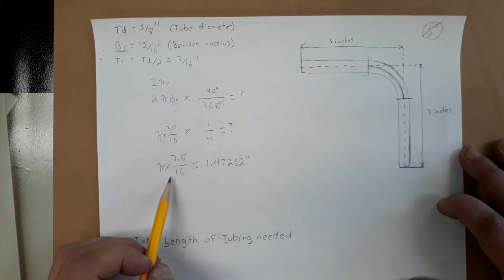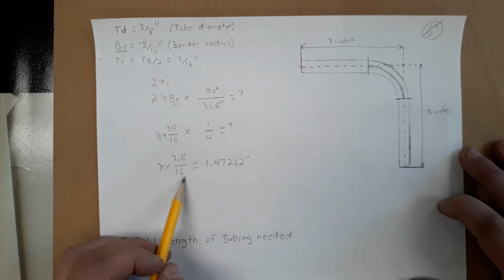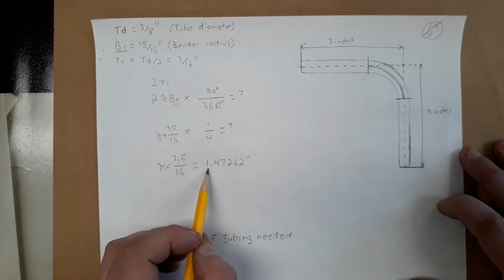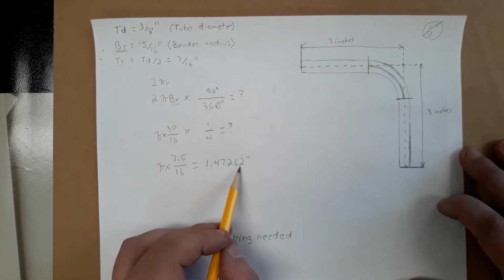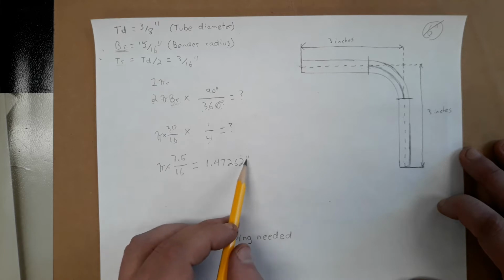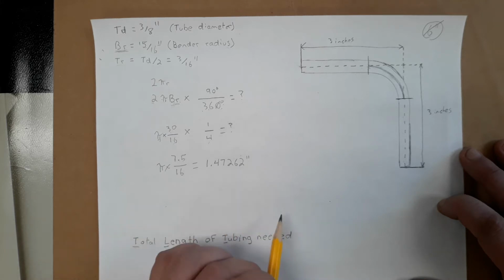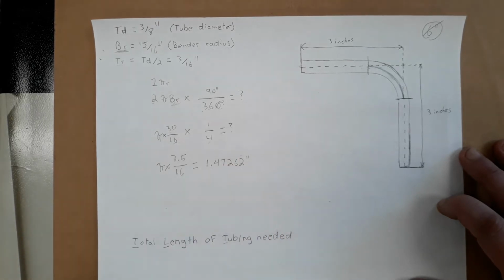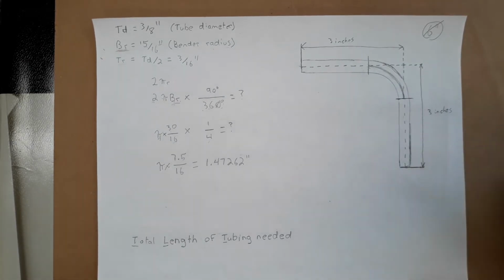When I multiply the two fractions together, it comes out to 7.5 over 16. So it's pi times 7.5 over 16, which is going to give me roughly 1.47262. And this is a rounding. This was actually a 1, but the next digit was higher than 5. I'm only going to use 5 digits here. But this is 1.47262 inches, just shy of 1.5 inches.